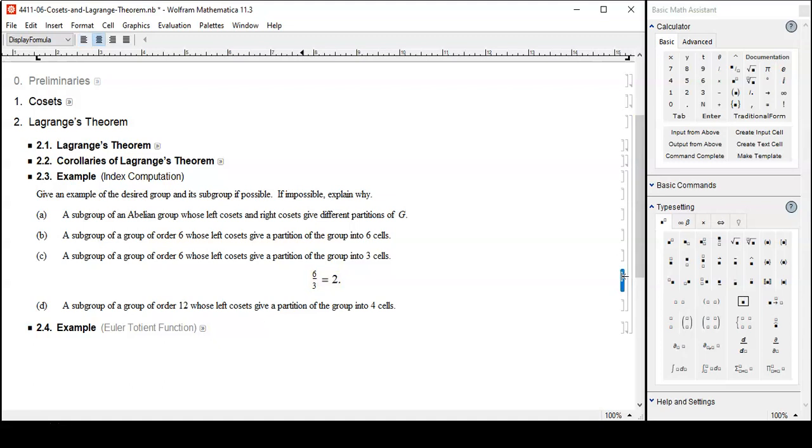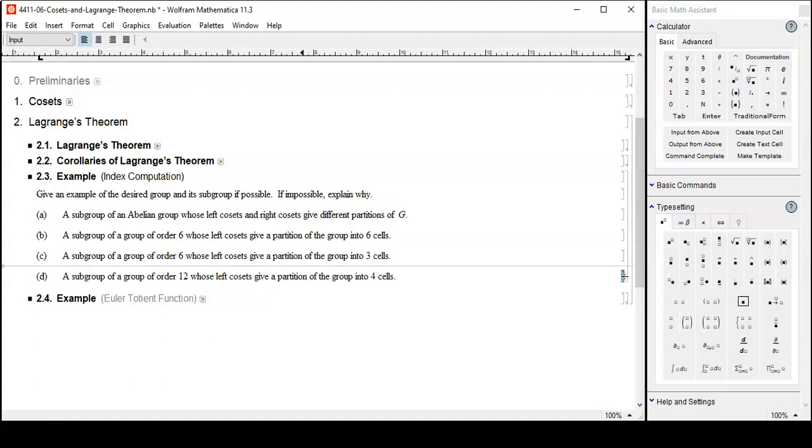So yes, you can think of some group of order 6 and a subgroup of order 2, and then you can find the partition of cosets. The problem asks about the left coset, but you can do the right coset as well. Also think about both an abelian and a non-abelian example. The abelian example is, of course, easier.